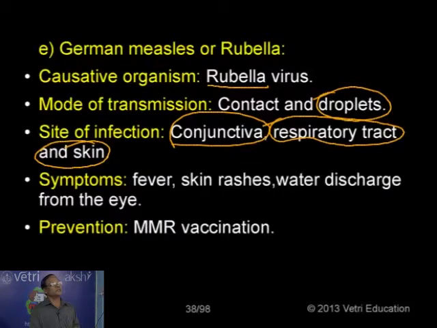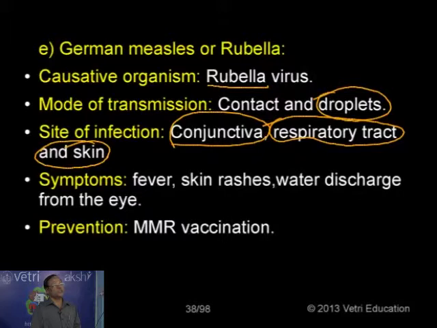Fever and skin rashes normally appear some days after the incubation period. There are also problems related to the mucous layer of the respiratory tract, inflammation of the mucous membrane. That is why the person always has a running nose, as in the case of measles. Sore throat and cough are also there in some instances.